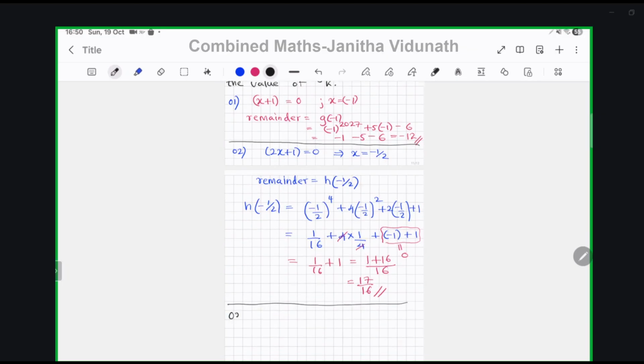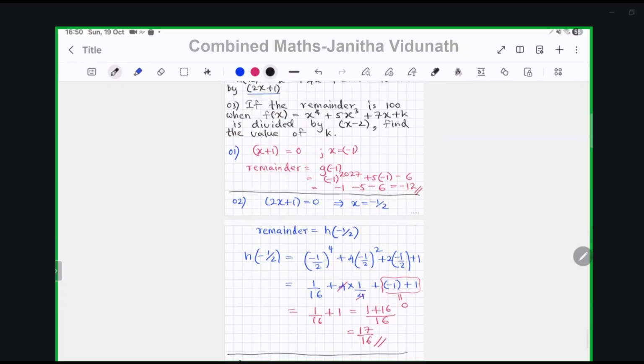Now I will solve the third question also. Here they have mentioned that the remainder is equal to 100. From the remainder theorem, we already know if we divide by x minus 2, then we can find the remainder.